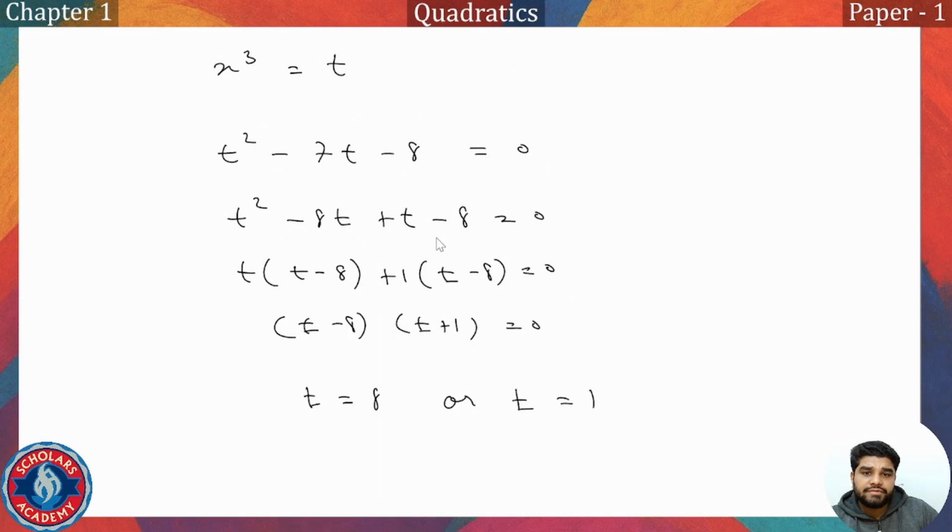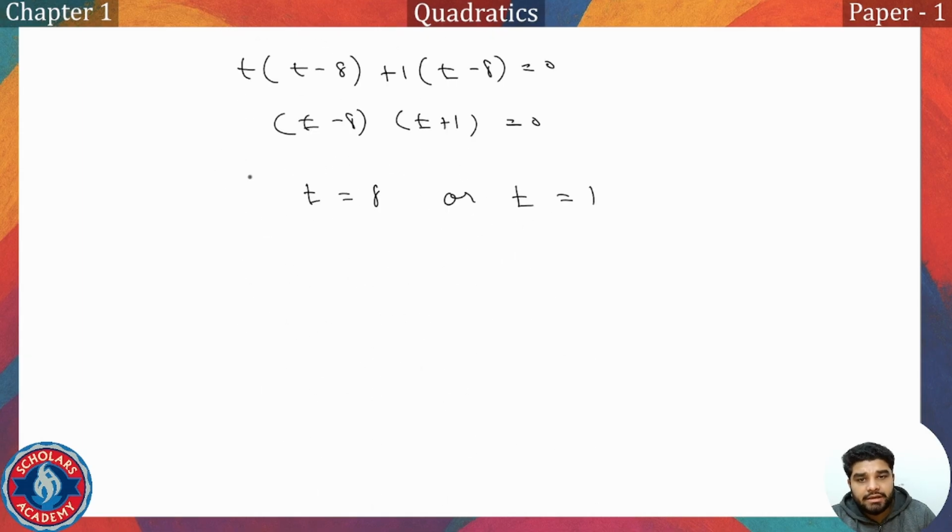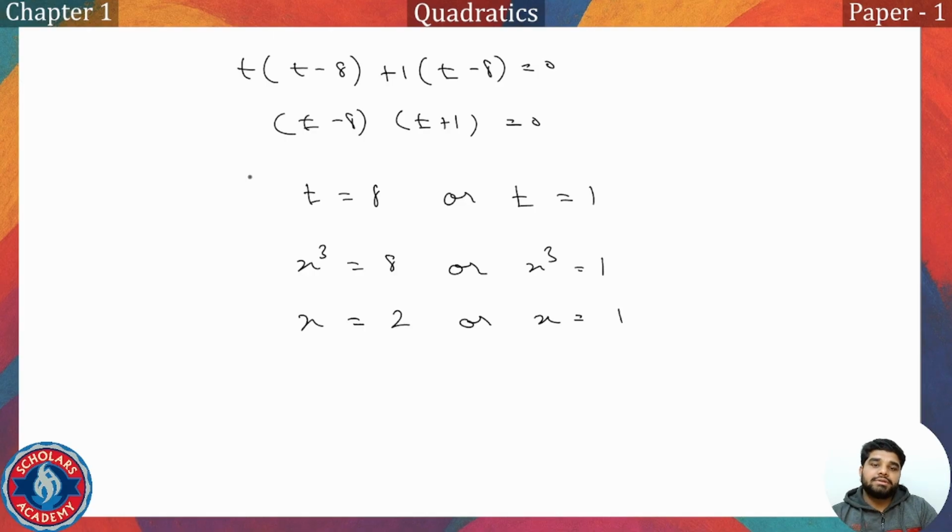These are the two values of t, and we took x cube as t, so we'll substitute it back. We get x cube is equal to 8 or x cube is equal to negative 1. From here, I get x is equal to cube root of 8, that is 2, or x is equal to cube root of negative 1, that is negative 1. So these are the two values of x. Let's move forward.